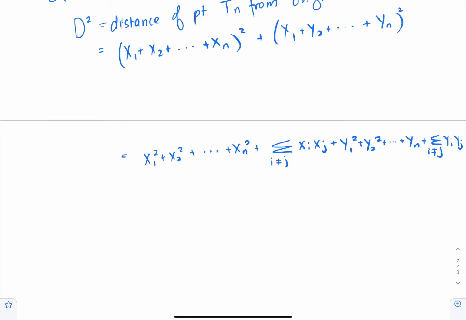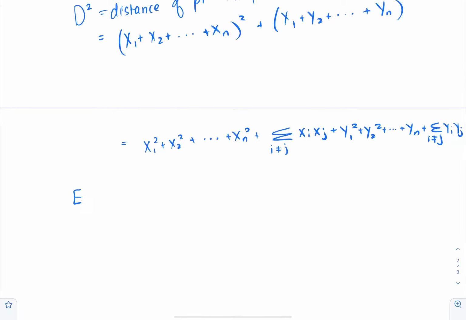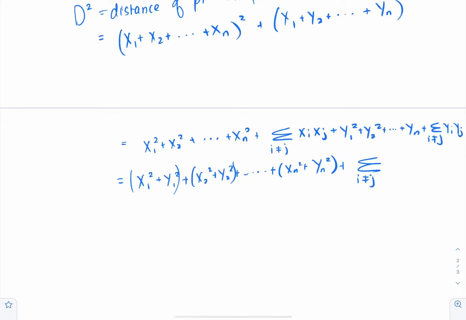Okay, you got it? All right, and now let's take a look once again at what the expected value of xi squared would be for any i. Let's rearrange this for a second and write it as x1 squared plus y1 squared plus x2 squared plus y2 squared, and you will see in a second why I did that.